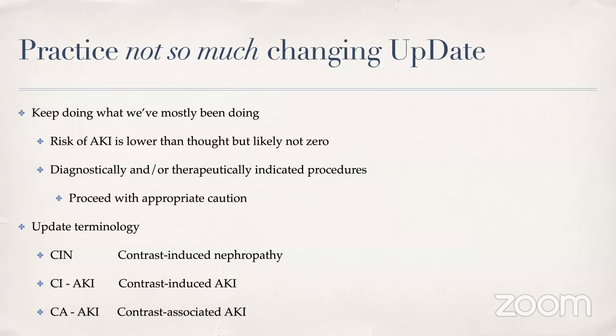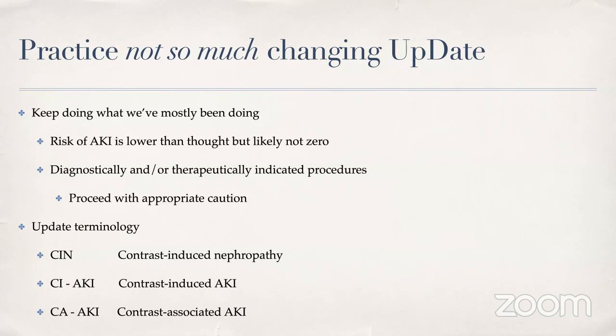That we are cautious about giving contrast in people who have a higher risk of AKI, which seems to be appropriate because that's what was done in the studies that didn't show an increased incidence of AKI in people who got contrast. One of the worries always has been that we will deprive people who need diagnostically or therapeutically important procedures because we're afraid of contrast. And I think this data gives us more permission to think about what those benefits might be.